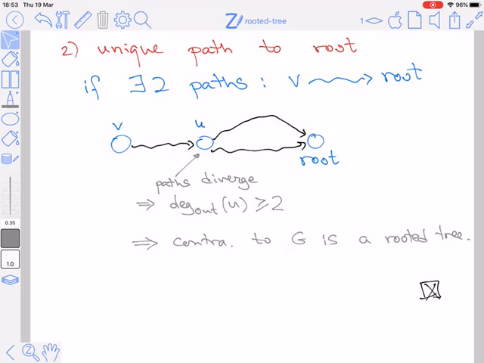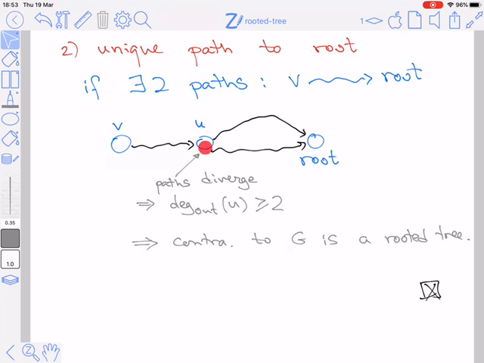Suppose, for the sake of contradiction, that there exist two paths from V to the root. So one path goes from V and reaches the root, and the other path goes from V and reaches the root. Now, these paths are different. Therefore, at some point they must diverge.